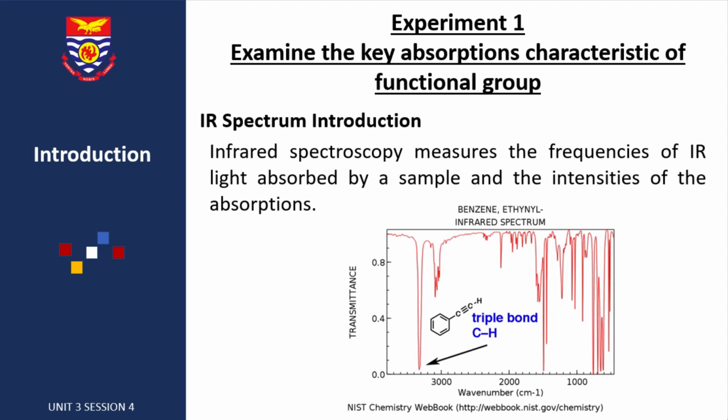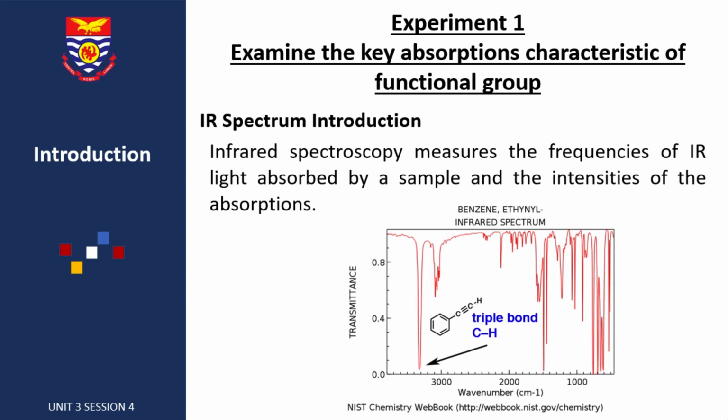The infrared light that is absorbed by your sample is being measured, right? So if it's being measured at say 2,000 per centimeter, then that is recorded. Then it goes ahead to tell us how intense that absorption is.